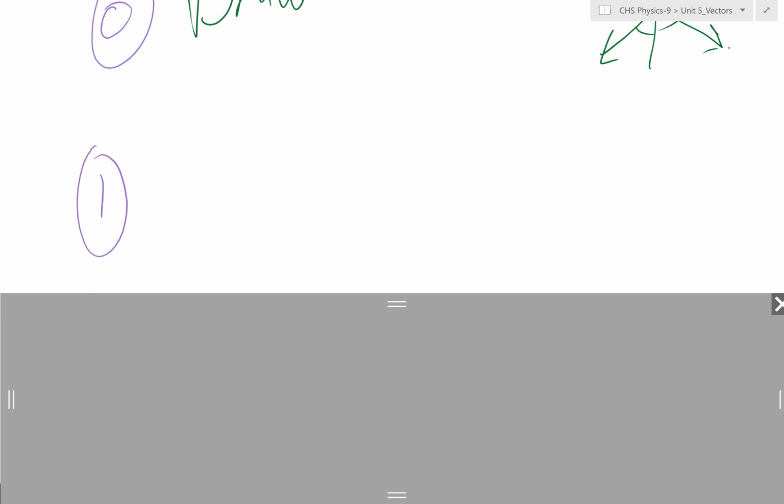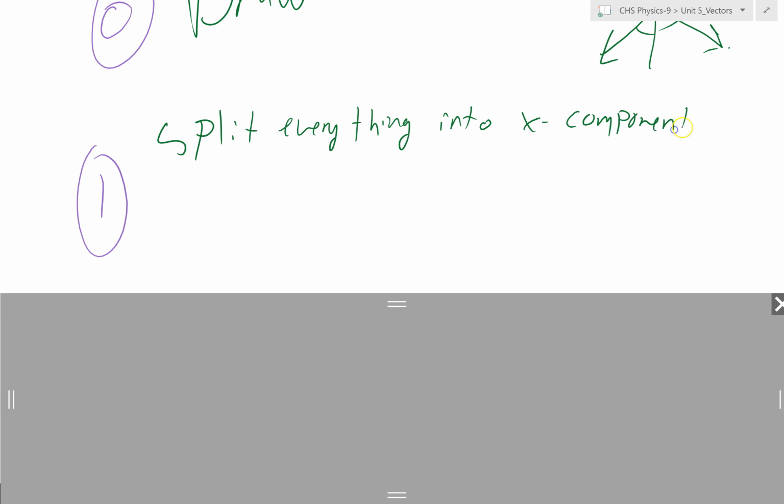Then you are going to split everything into the x and y components, only if needed.